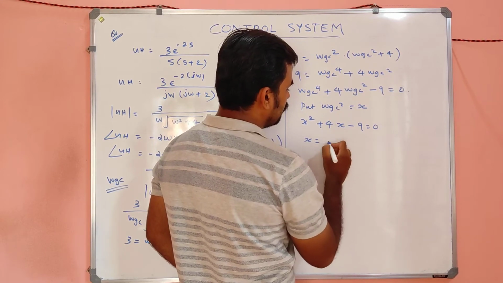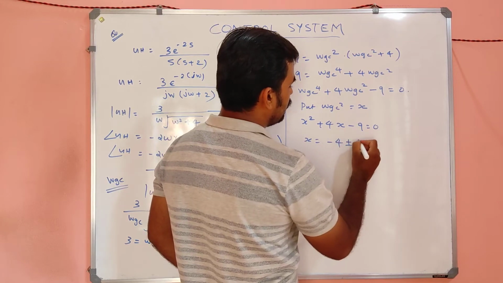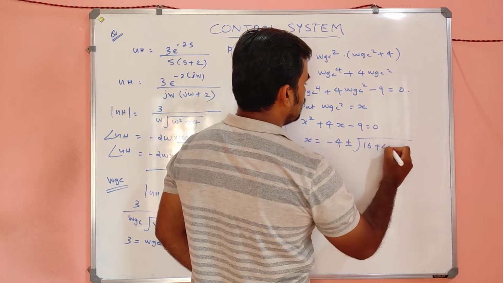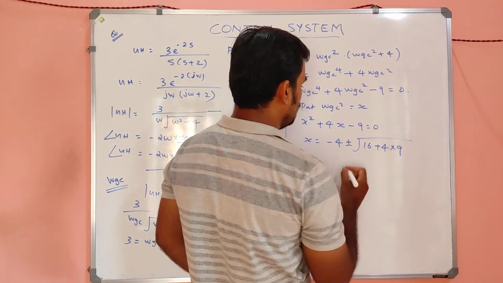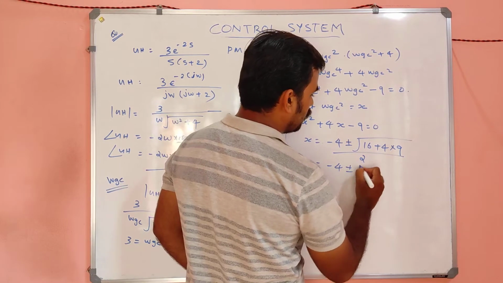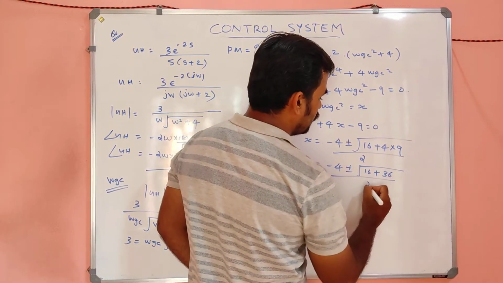So it is nothing but minus 4 plus or minus root of b square 16 minus 4 into AC, 4 into a into c, all divided by 2. Minus 4 plus or minus root of 16 plus 36 whole divided by 2.